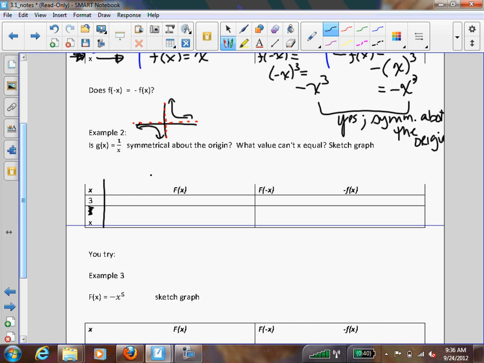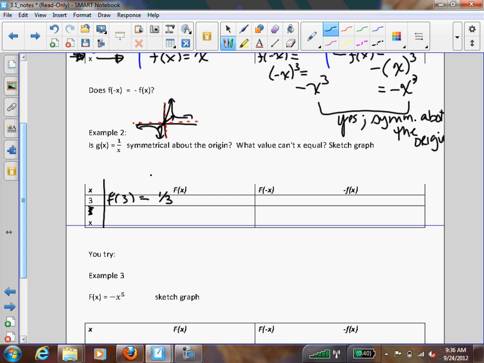Would you think that this would be symmetrical around the origin? If I go here, do I go that same distance here? Probably. If I go up here, I'm going to go probably down here, that same distance, okay? So it should come out. So if we do 3, f of 3 is equal to 1 over 3, correct?